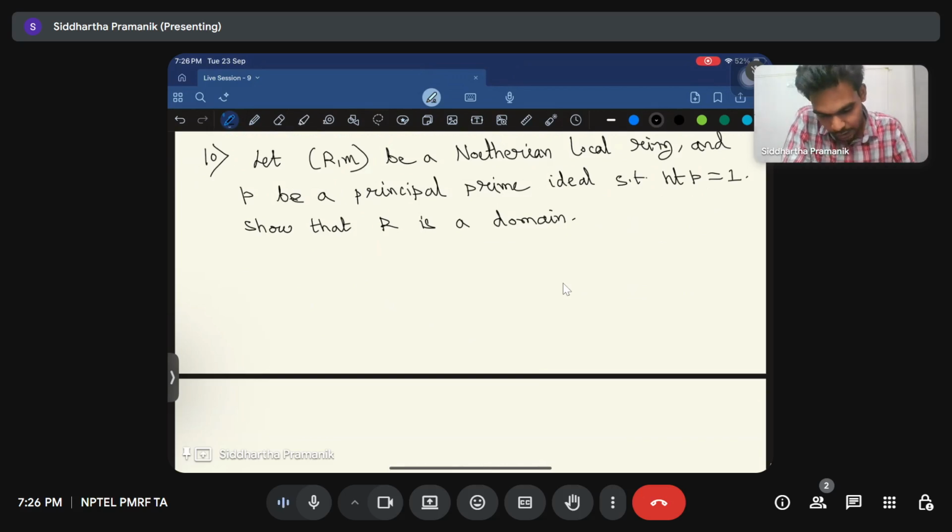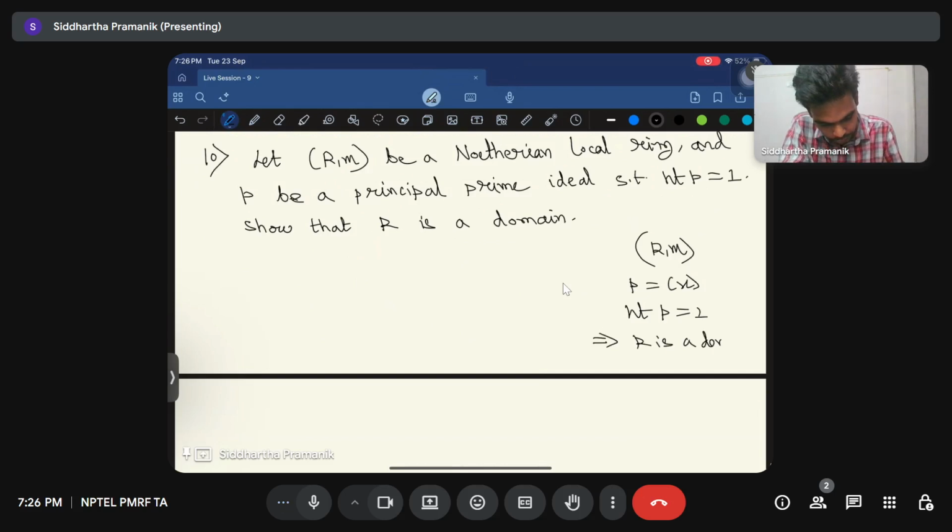So what is given? Let's write down one by one. R is Noetherian local, P is a principal ideal, let's say it is generated by x, and height of P is exactly equal to 1. So these three pieces of information are given and we need to prove R is a domain.